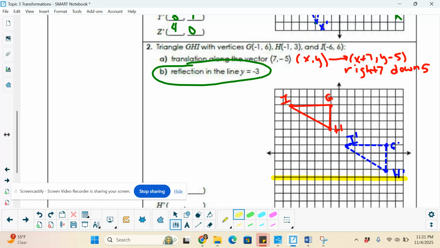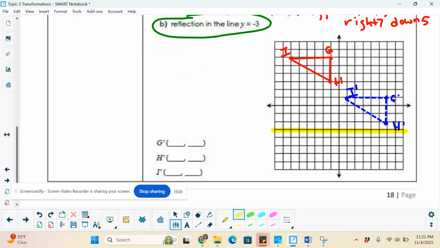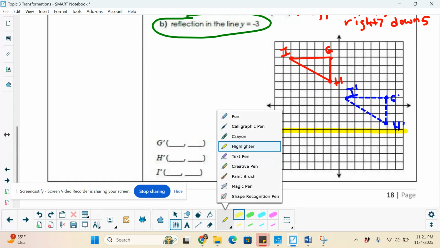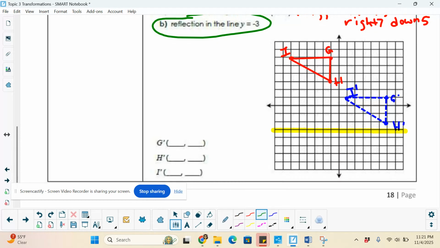So now I'm going to take each point and flip it over that line. It's going to be the same exact distance on the other side. So my H is 1 unit above the line of reflection. So now I need to go 1 unit down. That is my final H prime. G is 1, 2, 3, 4 spots above that line. I'm going to count 1, 2, 3, 4 spots below the line of reflection.